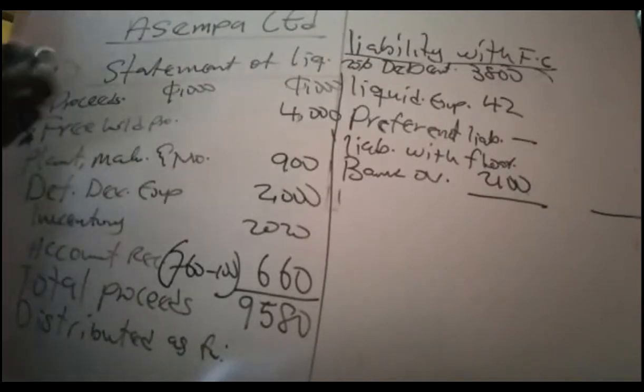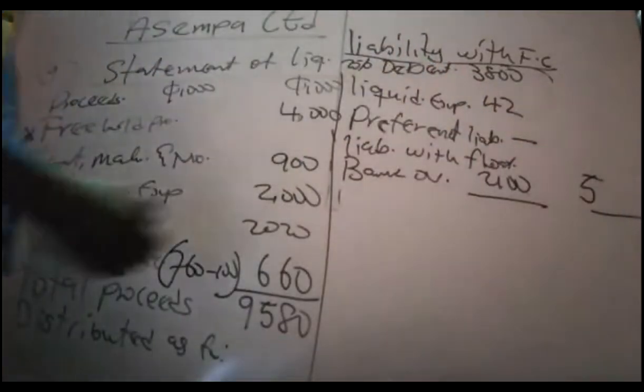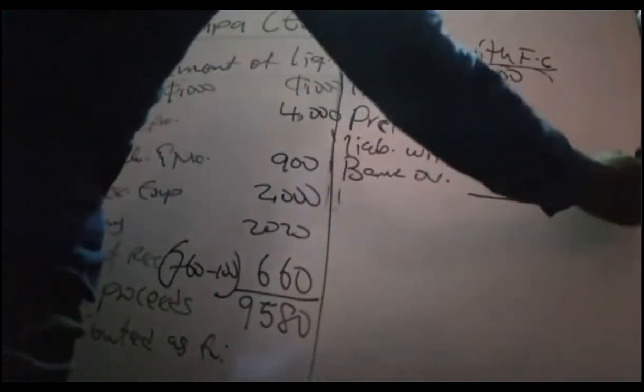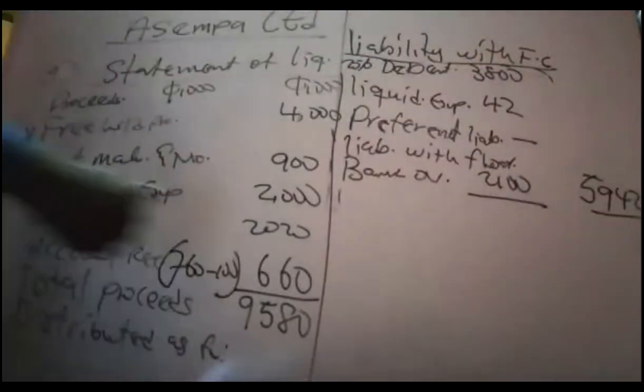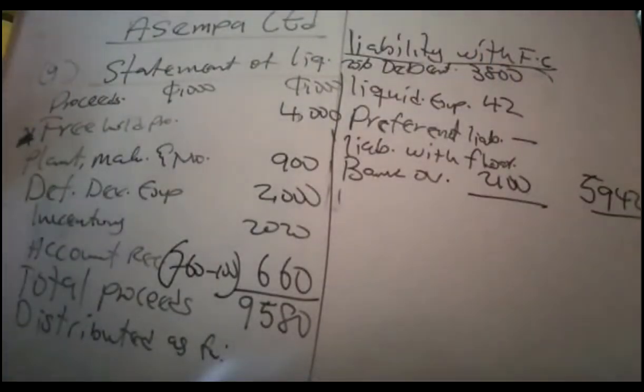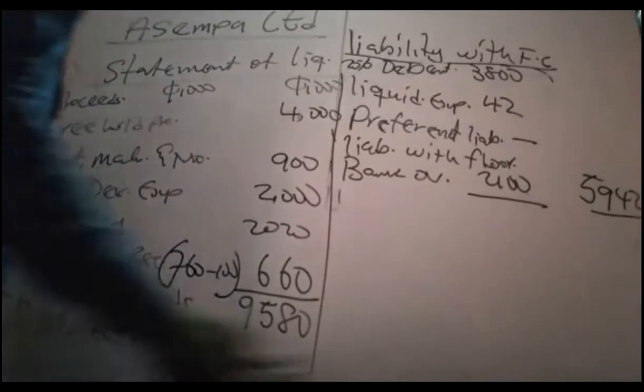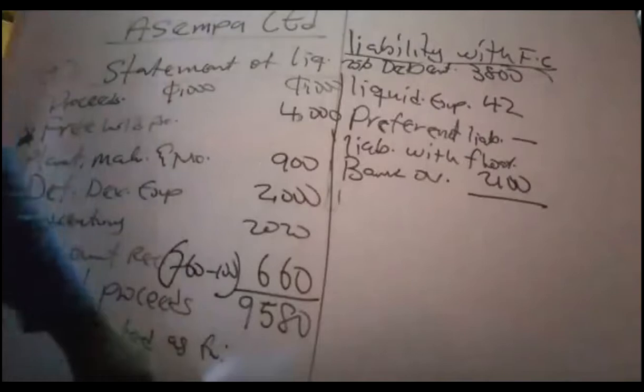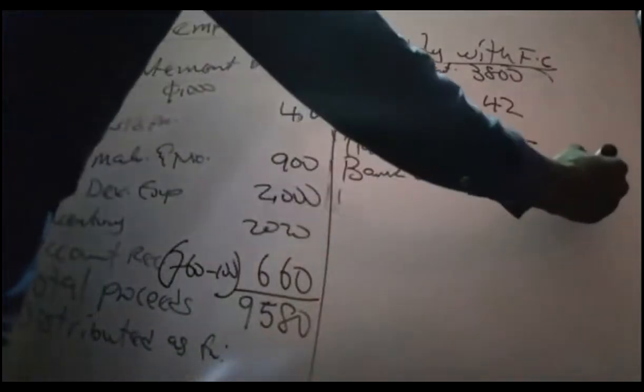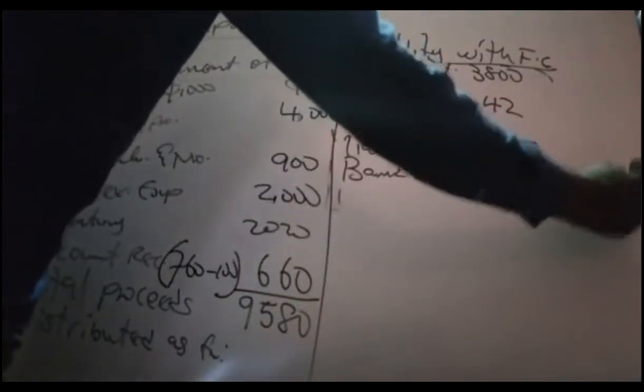So this will give us 5,942 Ghana cedis. So you get 5,942.